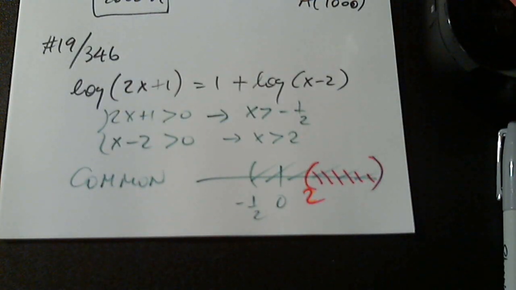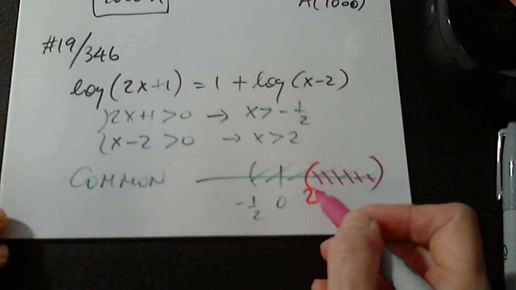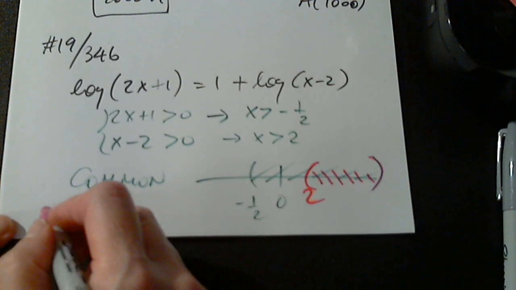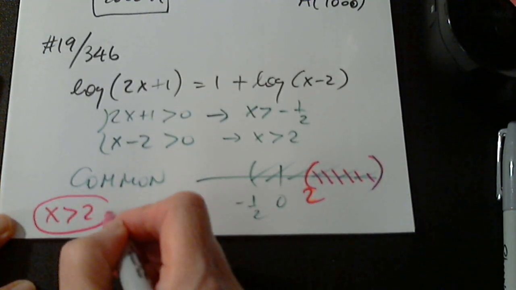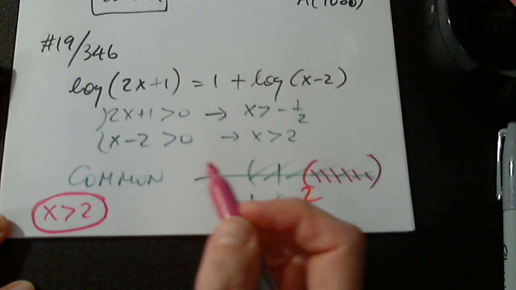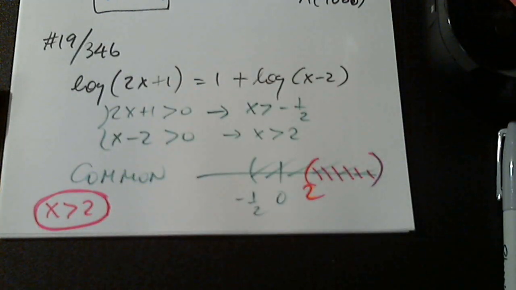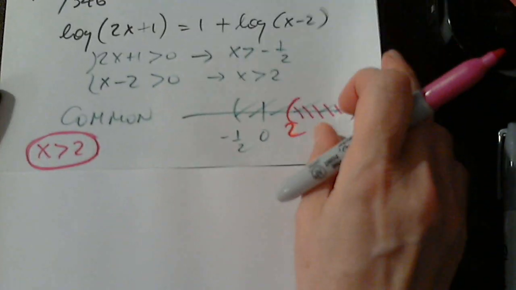If there is a solution, where will the solution be? For sure, if there is one. Greater than 0? Greater than 2? Exactly. So if we don't find a solution greater than 2, we should say don't even bother. It's not going to work. Good. Next step.